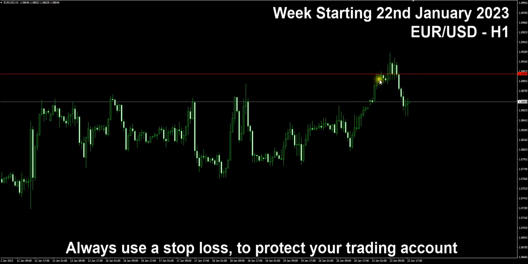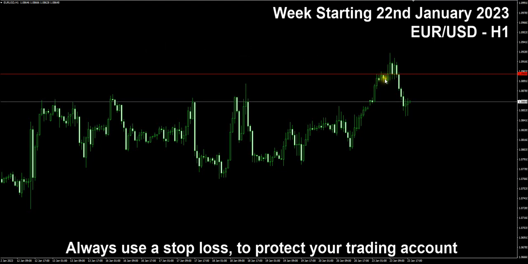By stalling, I mean a cluster of candles where it can't go any higher or lower. In this case, I wanted it to come up to this line or this area, and I wanted to see price pausing or struggling around this area here. And this, of course, is what happened.